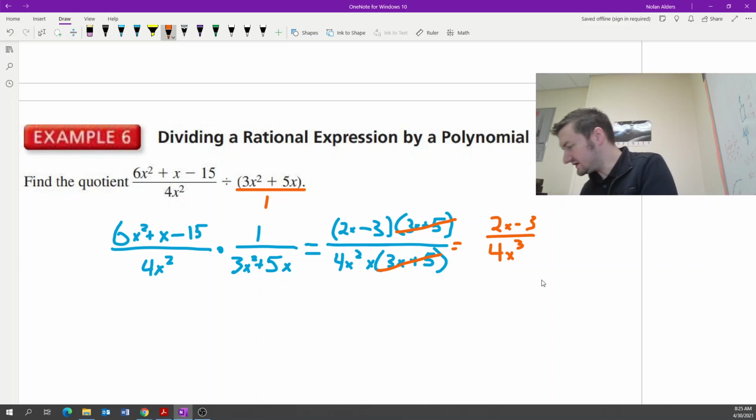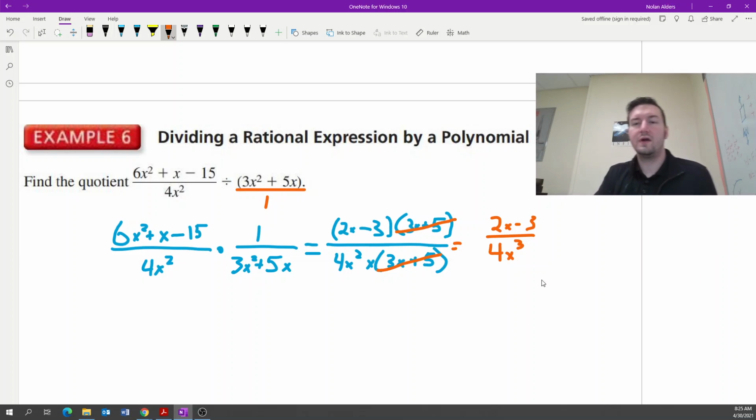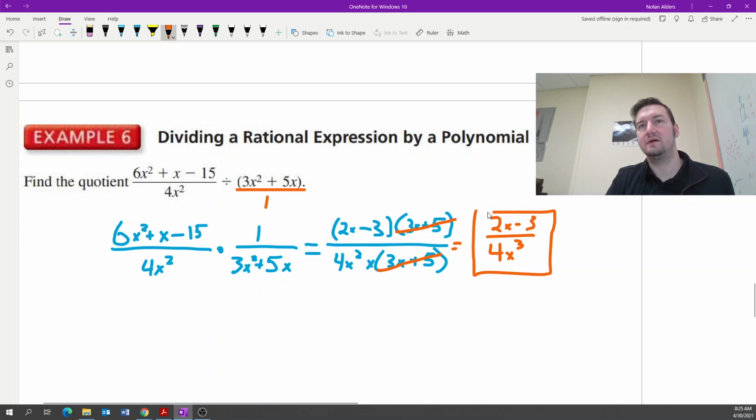Now let me double check this and make sure that this is right, because it feels a little weird. 2x minus 3 over 4x cubed, we got it right. So that right there is our simplified quotient. Okay, same idea though, guys. Every single time, what you're doing is just factoring top and bottom, and then trying to see if you can cancel anything out.